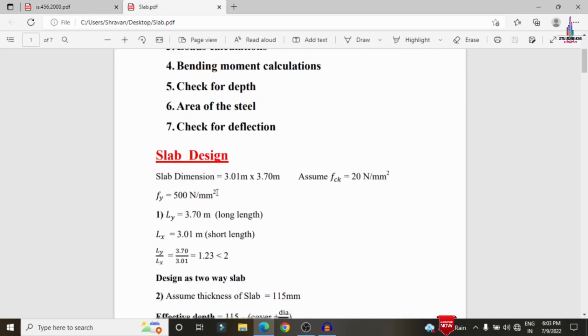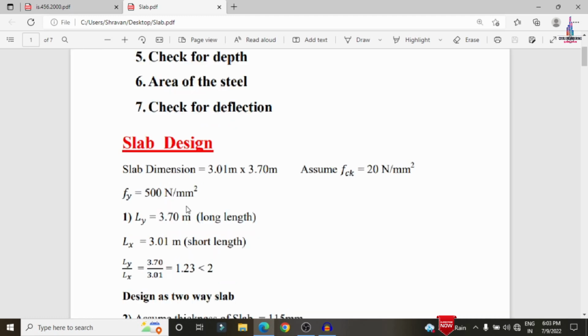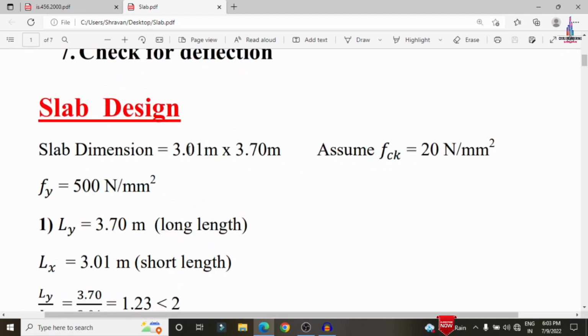For the first step, I am assuming a slab with dimensions of approximately 3.01 meters by 3.70 meters. I am taking M20 grade concrete and a steel grade of 500. Here Ly is the length of the slab in the y direction, the long length, which is 3.7, and Lx is the shorter length, which is 3.01.